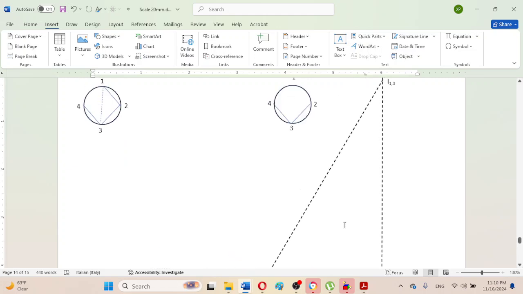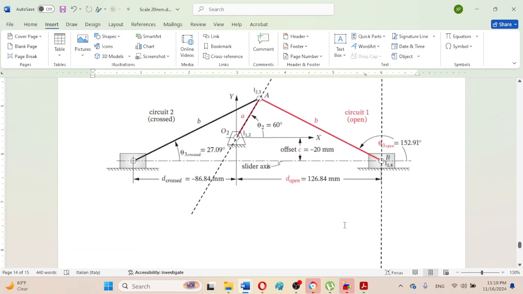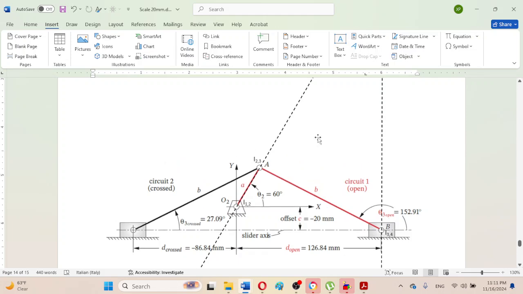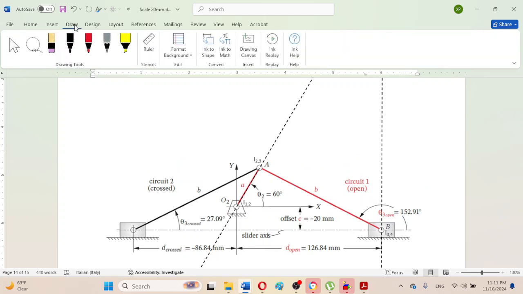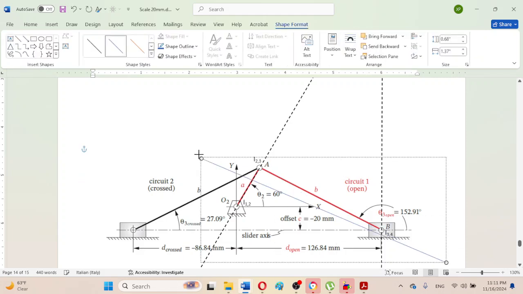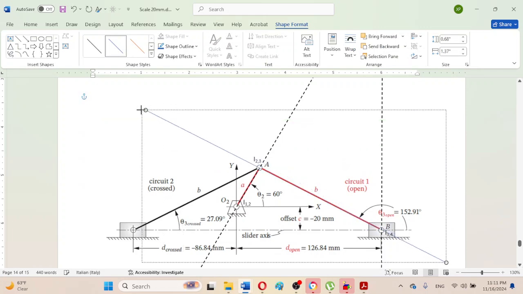So here, as we can observe, this is permanent center 2 comma 3 and this is permanent center 3 comma 4. So that means we can draw a line and extend it in both directions like this.